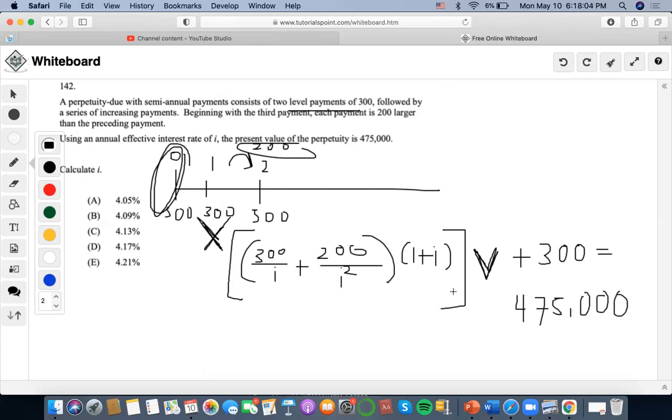Now, another thing is that I could just solve. So I'm going to first get rid of these v's, right? I'm going to combine these.